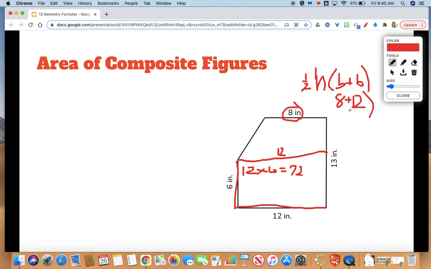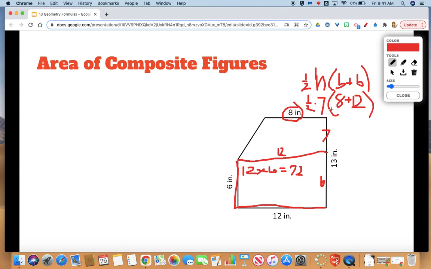Now we need to figure out the height of the trapezoid. It's not 13. 13 is this entire line. How can we figure out just this line? Well, on this other side, we know this bottom piece on the rectangle is 6. So this entire side is 13. If the rectangle has a side length of 6, the trapezoid must have a height of 7 because we have to get up to 13.